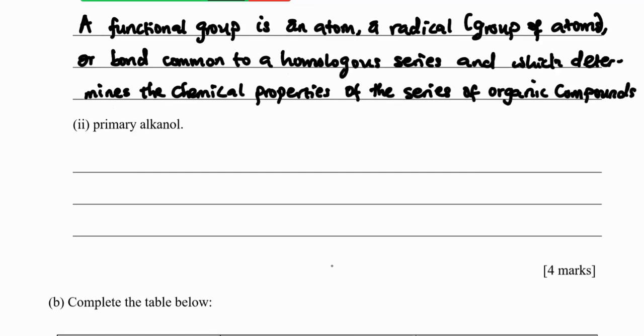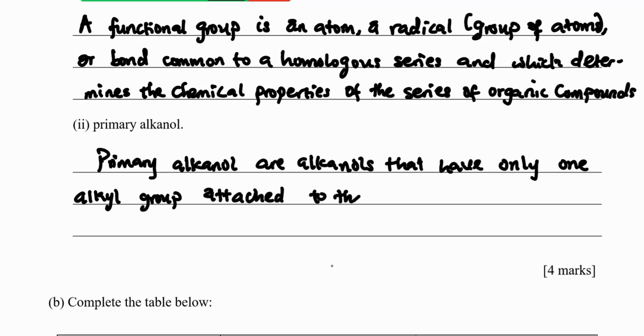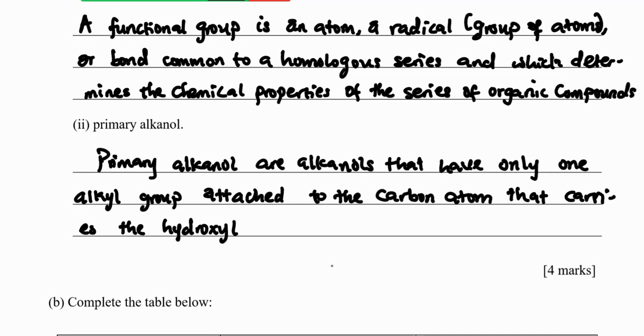Okay, now primary alkanols. Primary alkanols are alkanols that have only one alkyl group attached to the carbon atom that carries the hydroxyl group, which is the functional group.